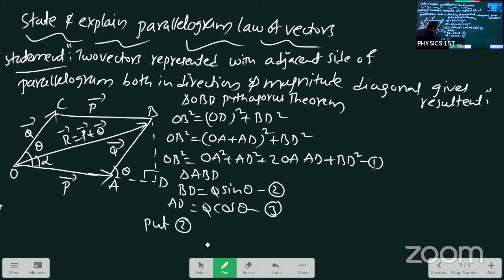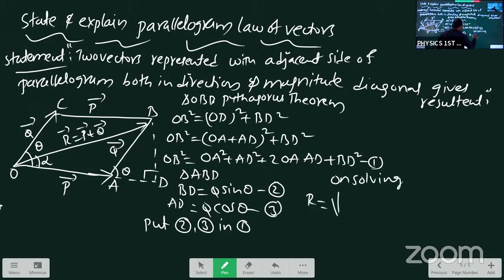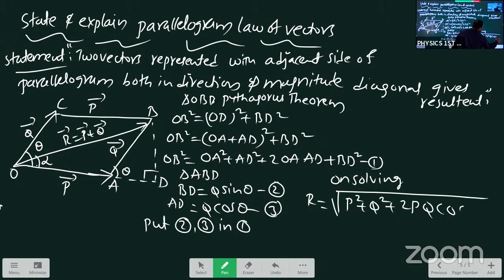Put 2 and 3 in 1. On solving, R equals under root of P square plus Q square plus 2PQ cos theta.